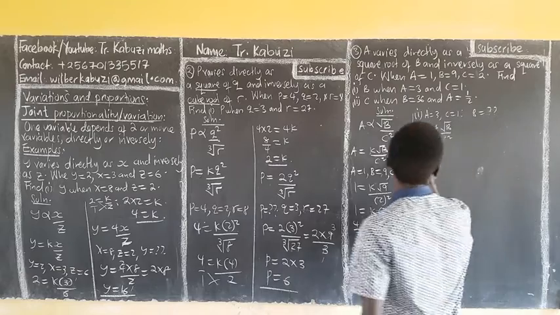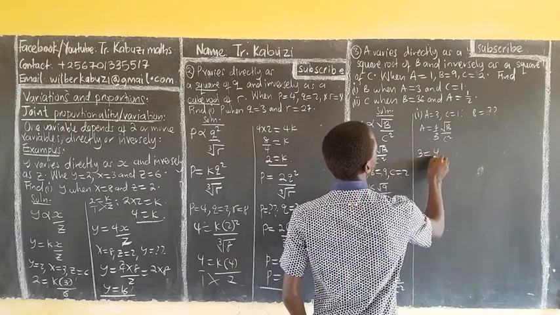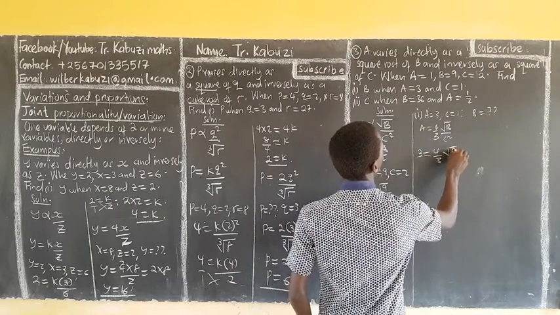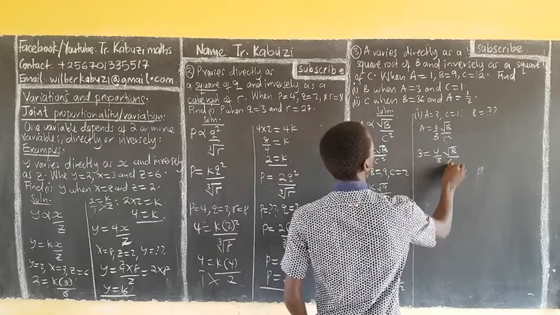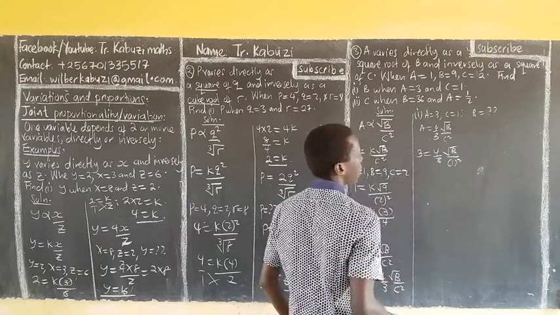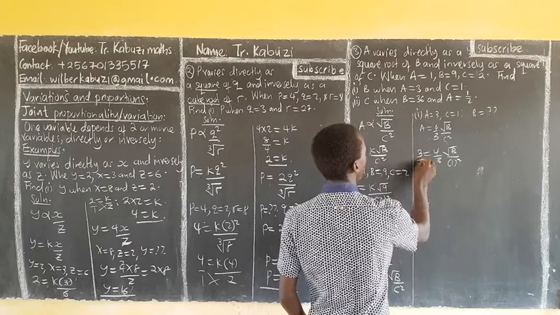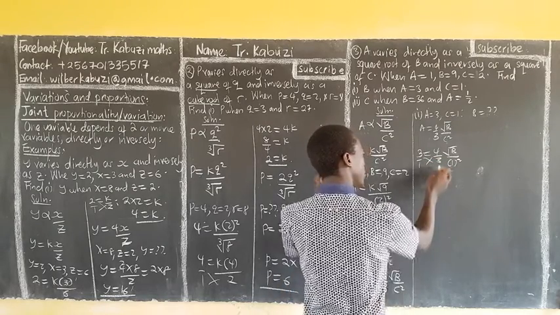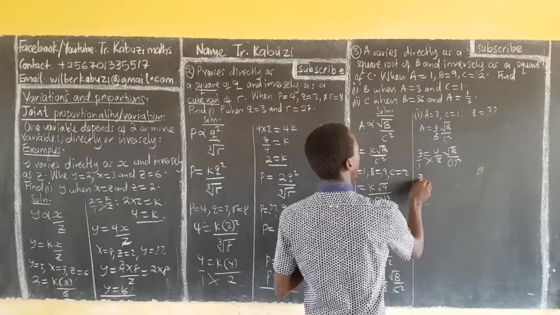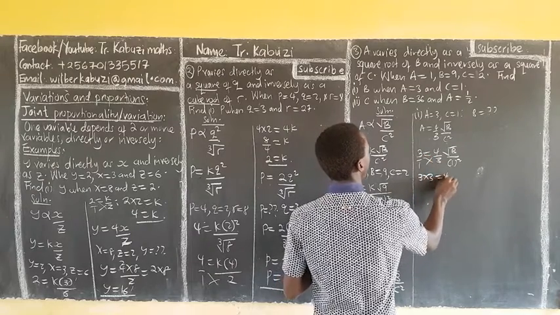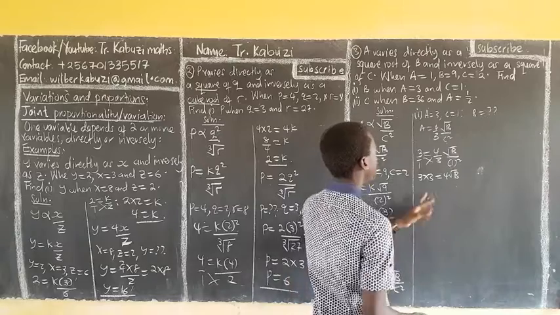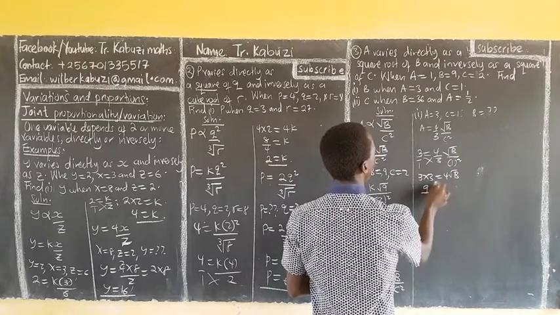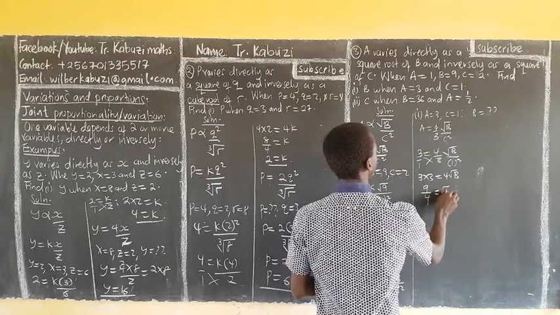So my a is 3, so I have 3 equaling 4 over 3 root b over c squared, which is 1 squared, and this is 1. If I cross multiply, I'll have 3 times 3 equaling 4 root b. So this will be 9 divided by 4 equaling root b.